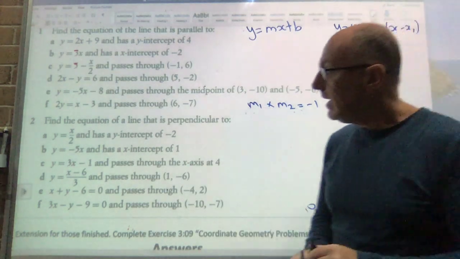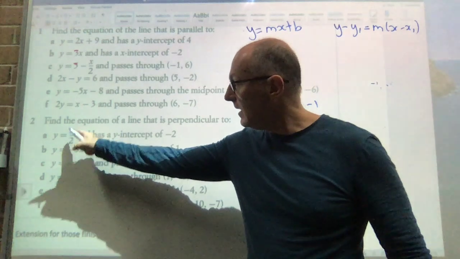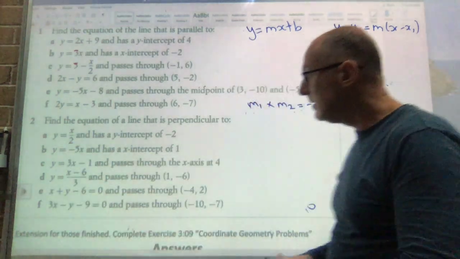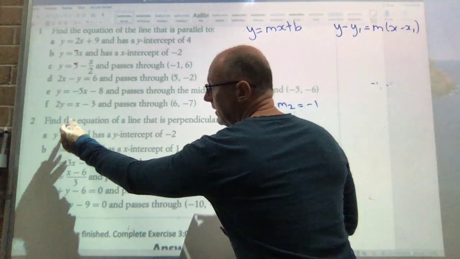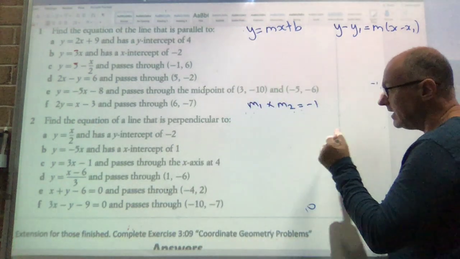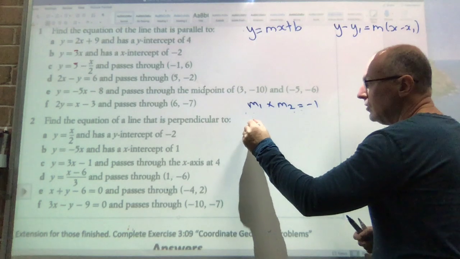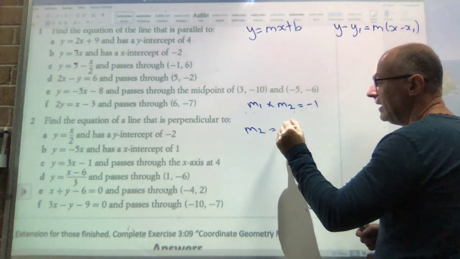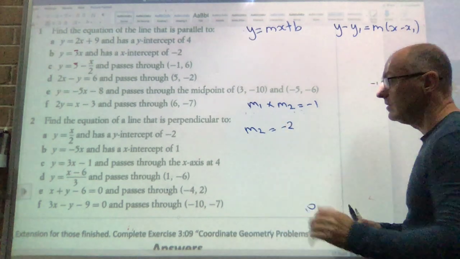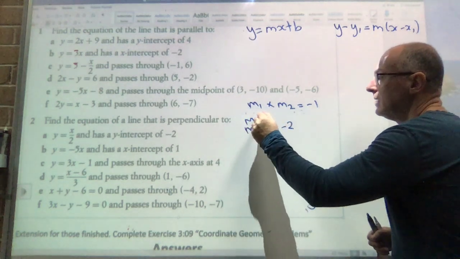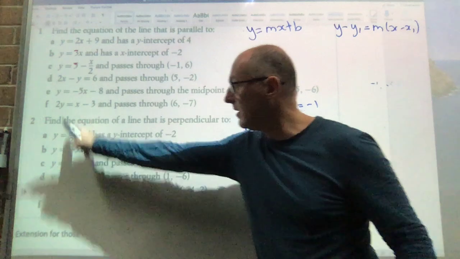So here they tell you that the gradient is a half. Okay, so the inverse negative of a half. At the moment it is 1/2. So the perpendicular gradient, or M2, is going to be the inverse of a half, which is 2, so it's -2. So M1 is a half, the original gradient.